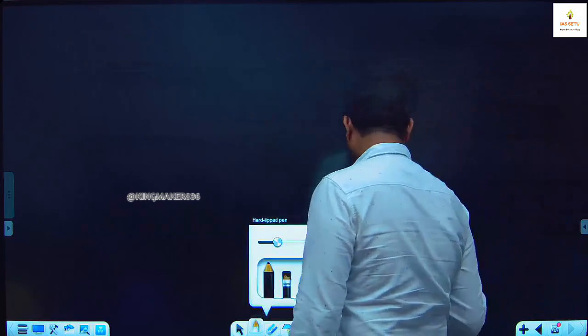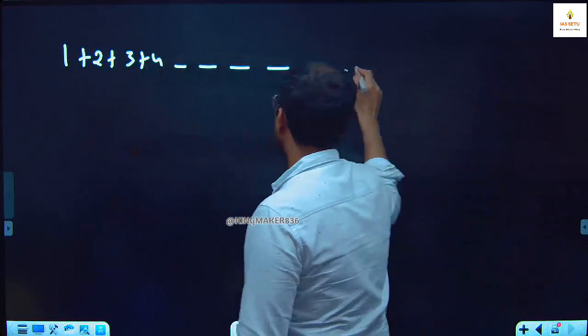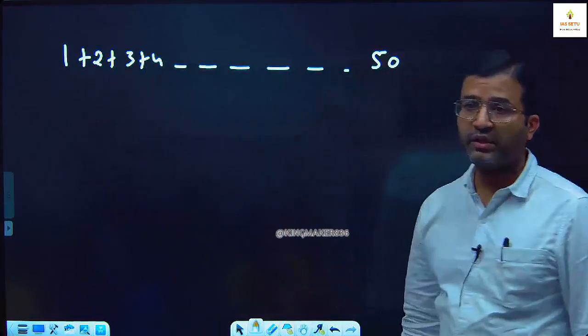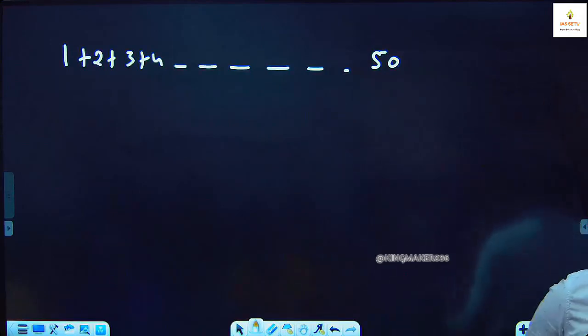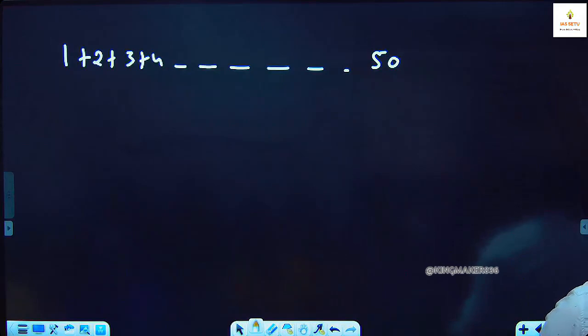Now you try: 1 plus 2 plus 3 up to 50. Keep the answer with yourself. Sum of first 50 natural numbers.